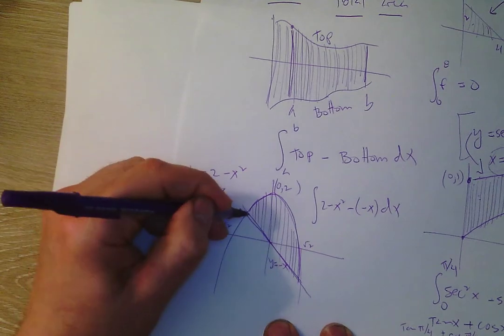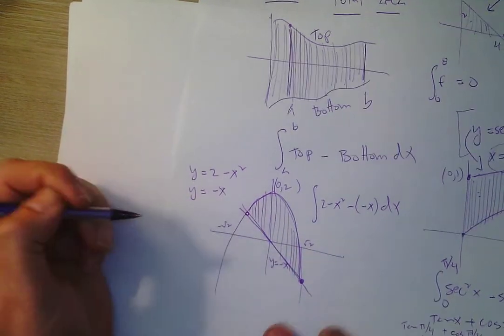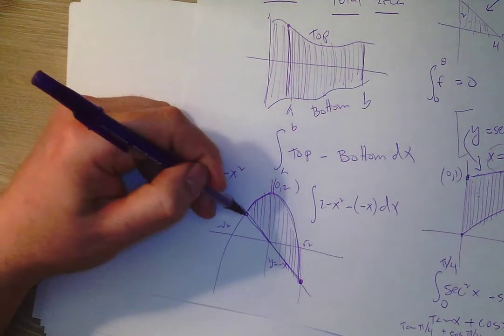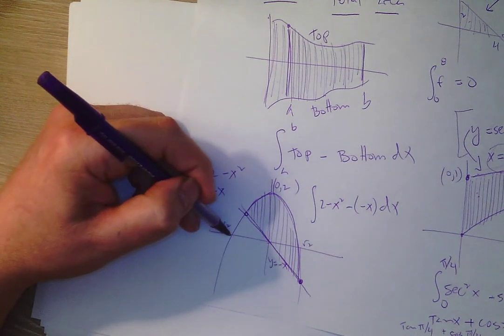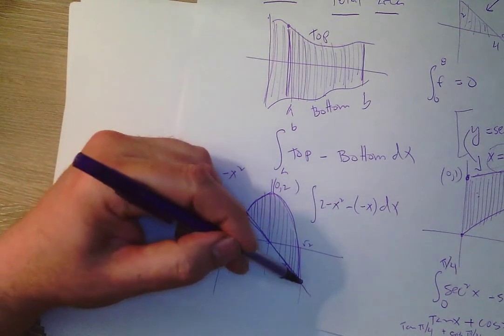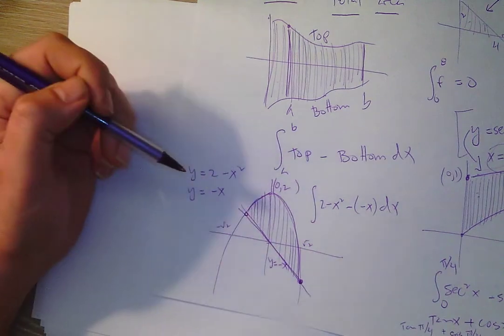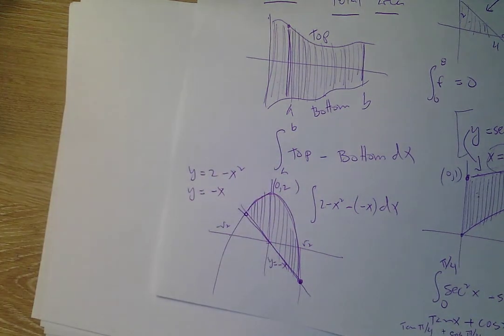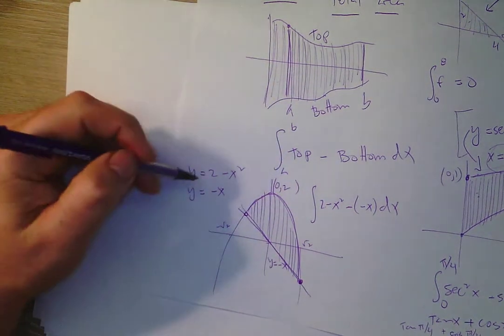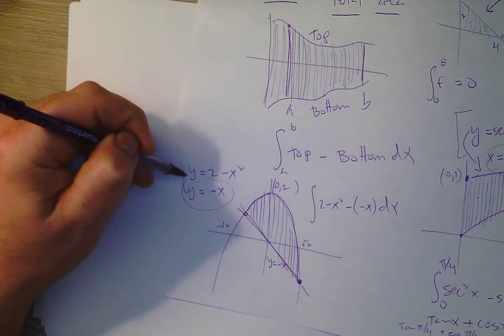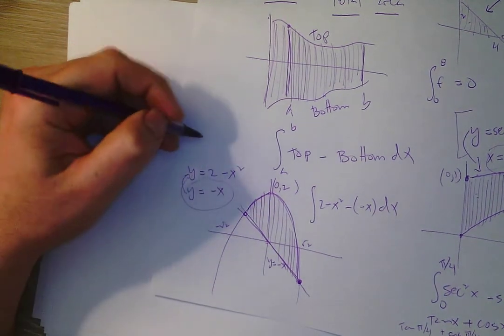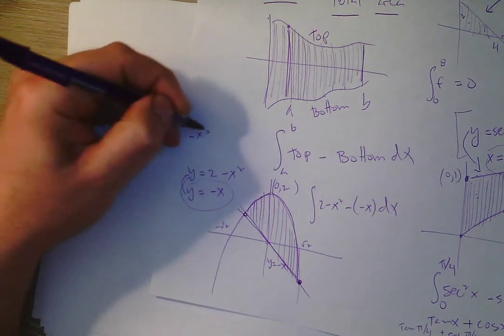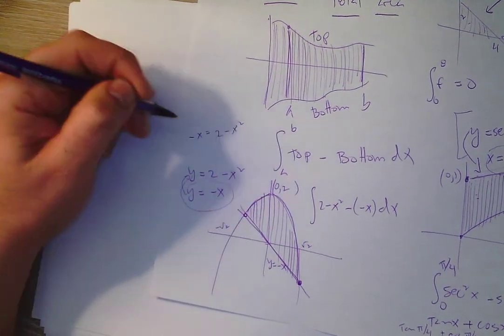But from where to where? Where's this point? Where's this point? I know this point is between 0 and negative 1.4, and I know this point is bigger than 1.4. But how do I find them? Well, I'm going to have to do an algebraic substitution. Where I see y, I can replace it with negative x. So negative x equals 2 minus x squared.